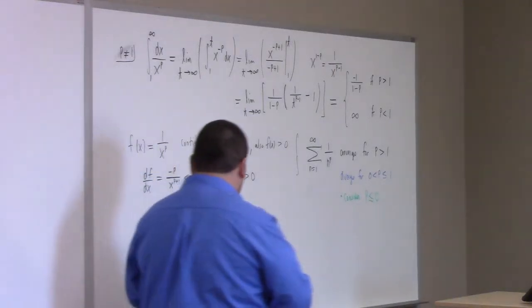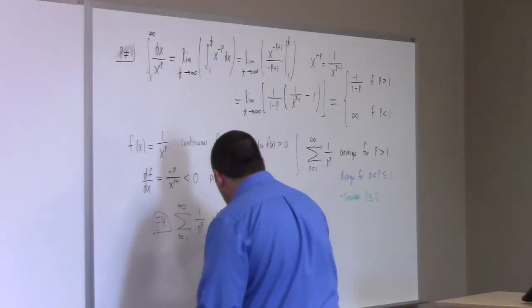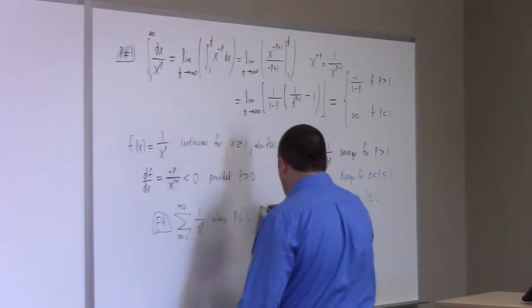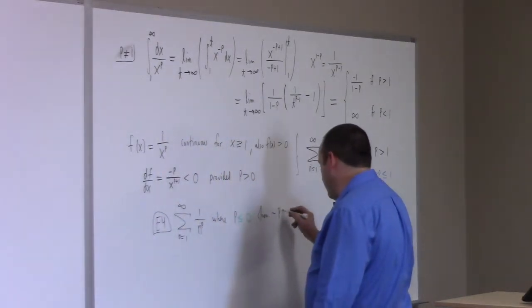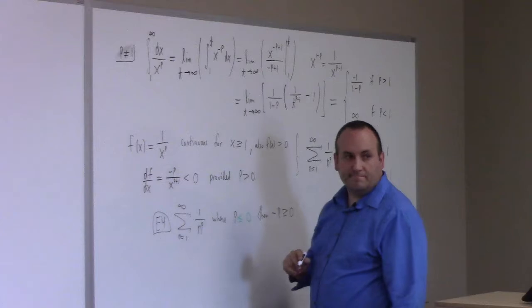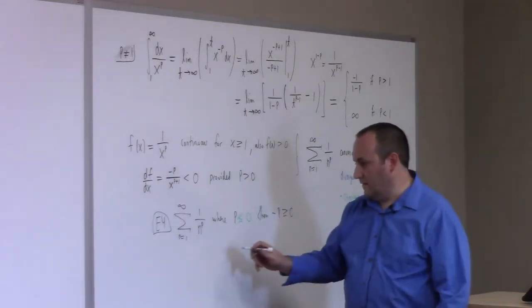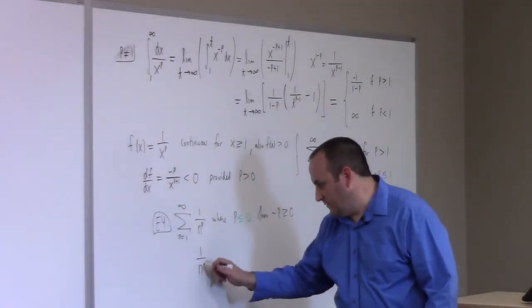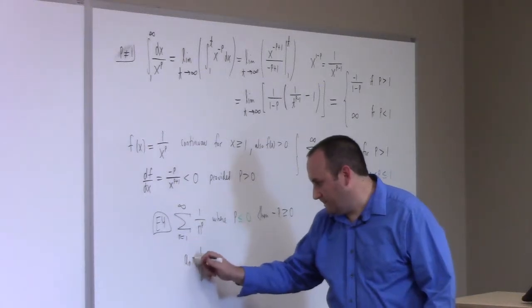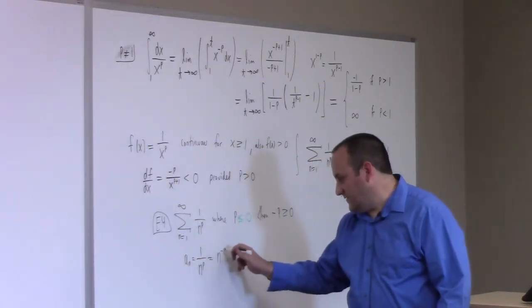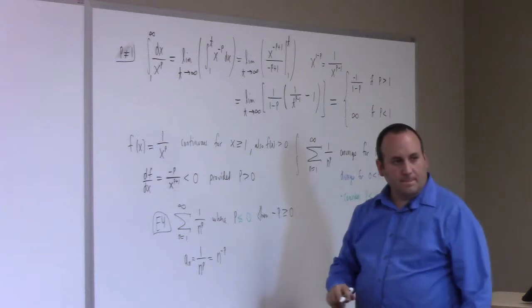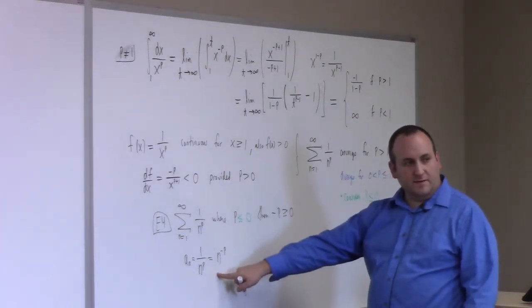If p is less than or equal to 0, then notice that minus p is greater than or equal to 0. Agree? So if we look at 1 over n to the p, which is my a sub n, that's equal to n to the minus p.